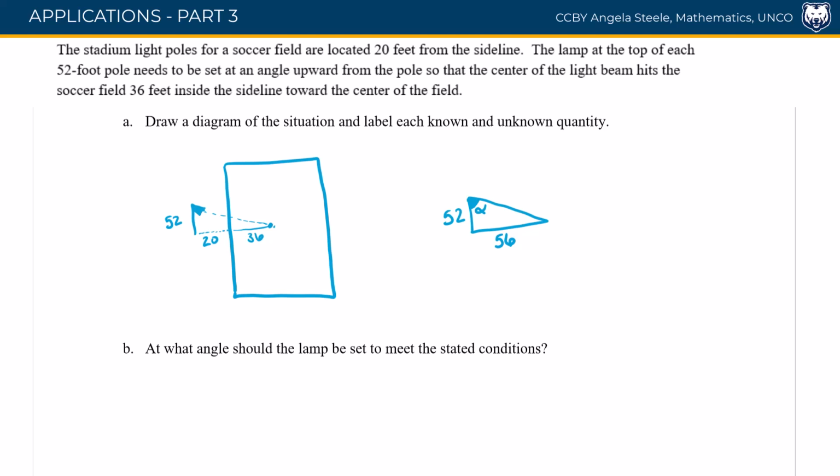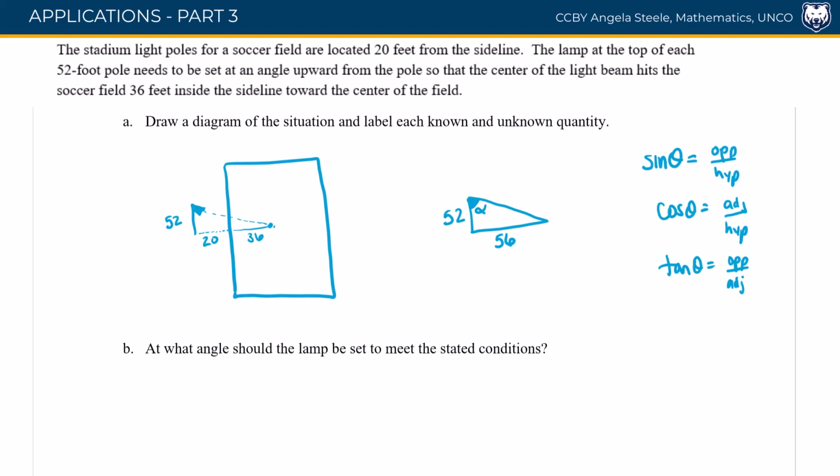And so remember from previous worksheets, we want to look at the sine, which is opposite over hypotenuse. The cosine is adjacent over hypotenuse. And our tangent is opposite over the adjacent. And so when we are looking at this particular triangle, we want to think about which sides we know.